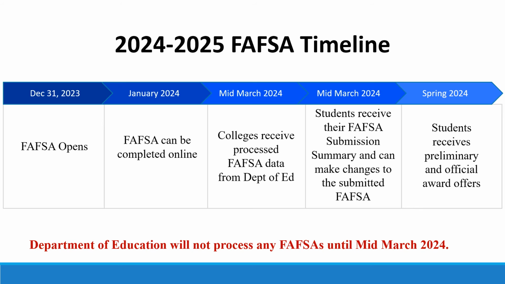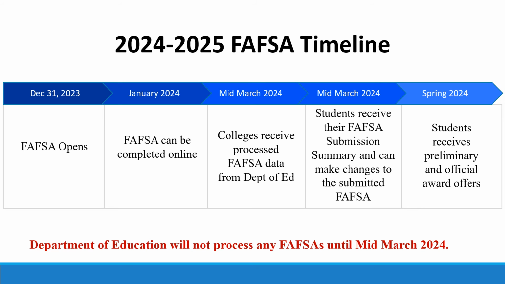Originally, colleges were to receive, and the Department of Ed was going to begin processing those FAFSAs by the end of January. On January 30th, 2024, Department of Education announced that FAFSA processing would be delayed until mid-March of 2024. So again, this is our current timeline.